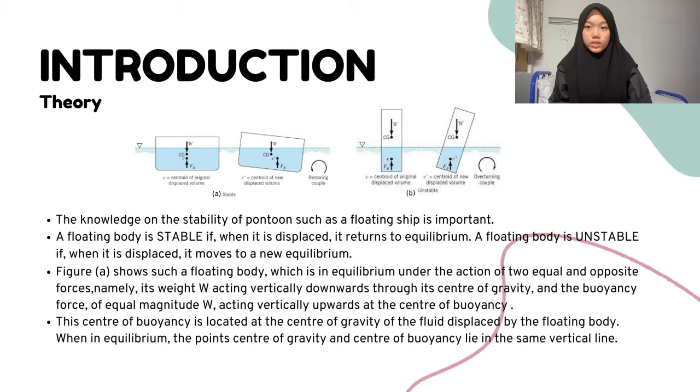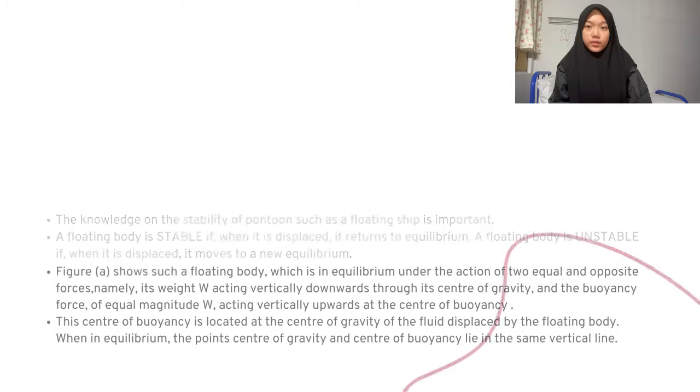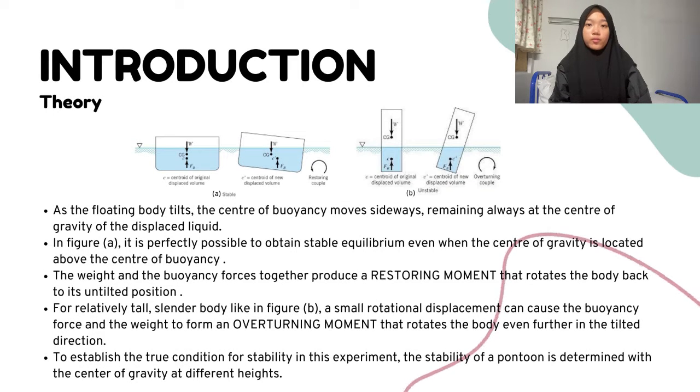We need to know that when in equilibrium, the points center of gravity and center of buoyancy will lie in the same vertical line. As the floating body tilts, the center of buoyancy will move sideways, but still it remains at the center of gravity of the displaced liquid.